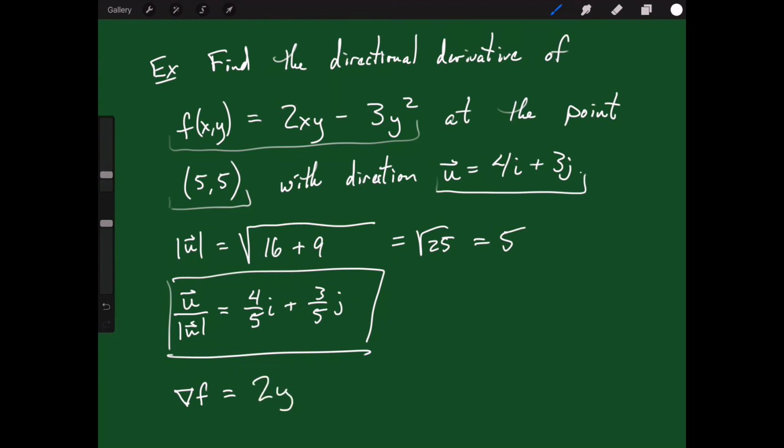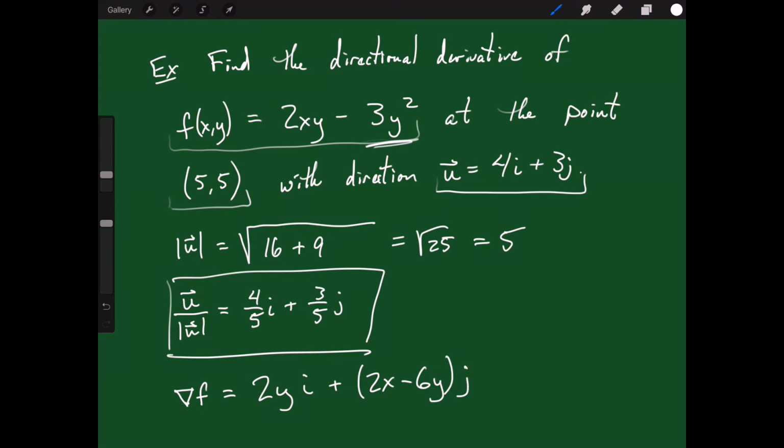And that's it, right? Because the other component, the 3y squared, its derivative is 0 with respect to x. So that's in the i direction. Plus, let's take a derivative with respect to y. That would be 2x, and then with respect to y, I'd get minus 6y. And that's in the j direction.